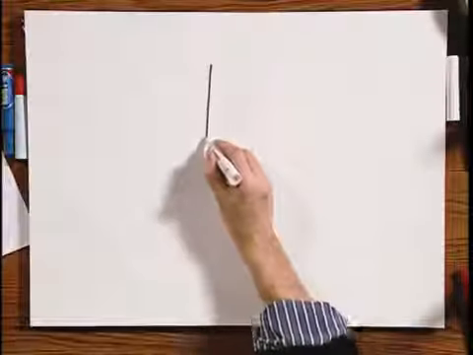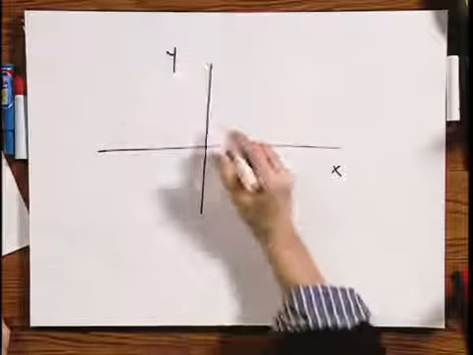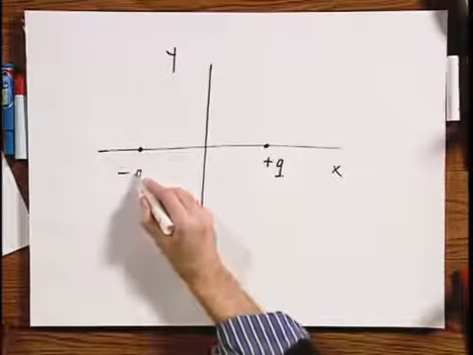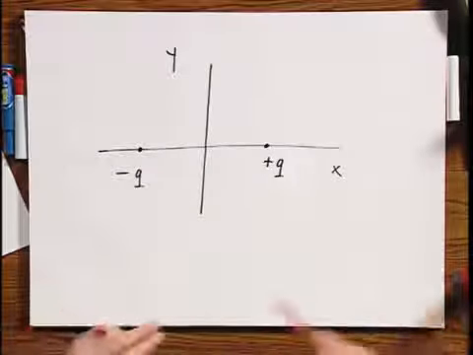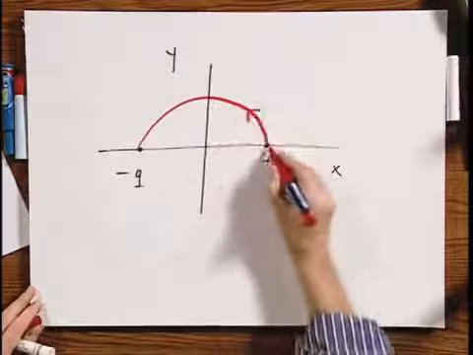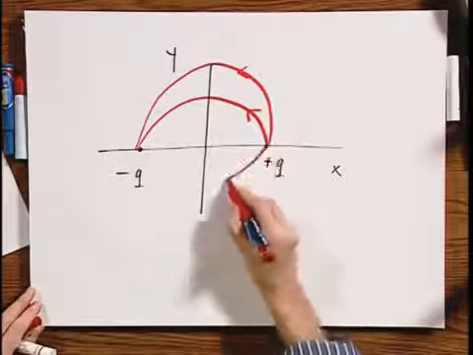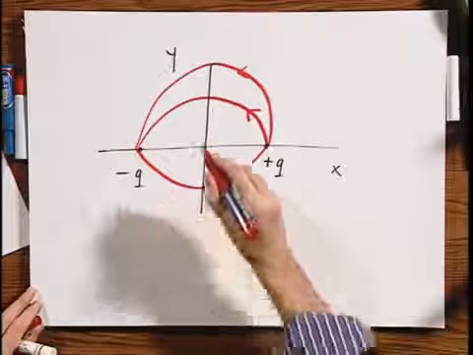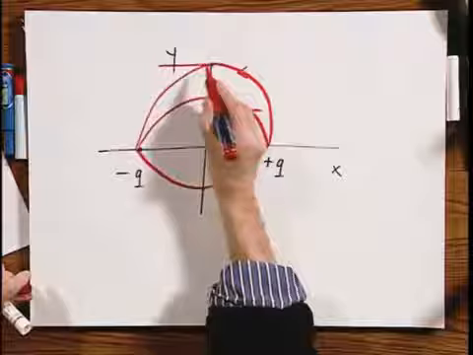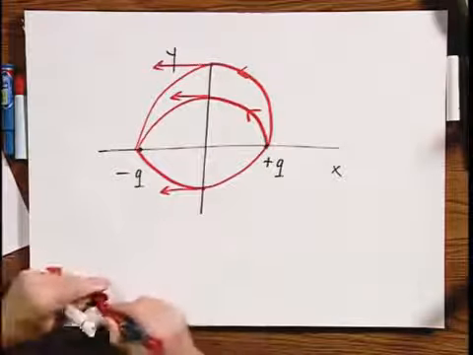So let's take that situation that we have now here the x-axis, here the y-axis, and that we have here a charge plus q at location B, and here minus q at location A. Then we know that the electric field lines run like so. And no matter where you are on the y-axis, that means as x equals 0, there will always be an E vector pointing in the minus x direction.